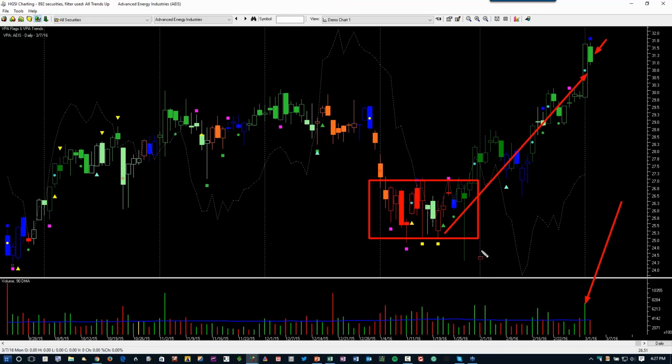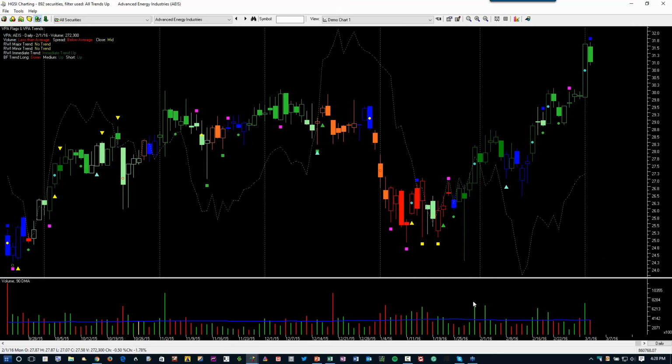It's building a cause to go higher, and then you get the effort. Here's the effort, and here's the result of the effort. So there's really just three or four concepts, and if you start looking for these, they become readily apparent to you.